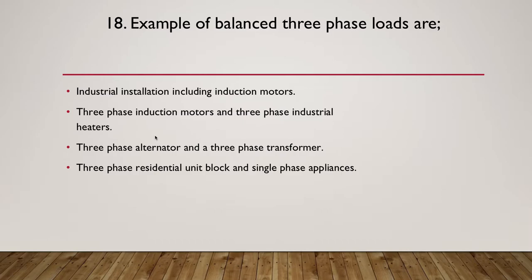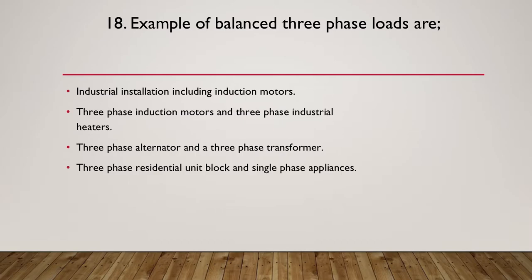Moving on to question 18. An example of a balanced three-phase load are. So which ones of these are examples of a balanced three-phase load? An industrial installation including induction motors. Two, three-phase induction motors and three-phase industrial heaters.